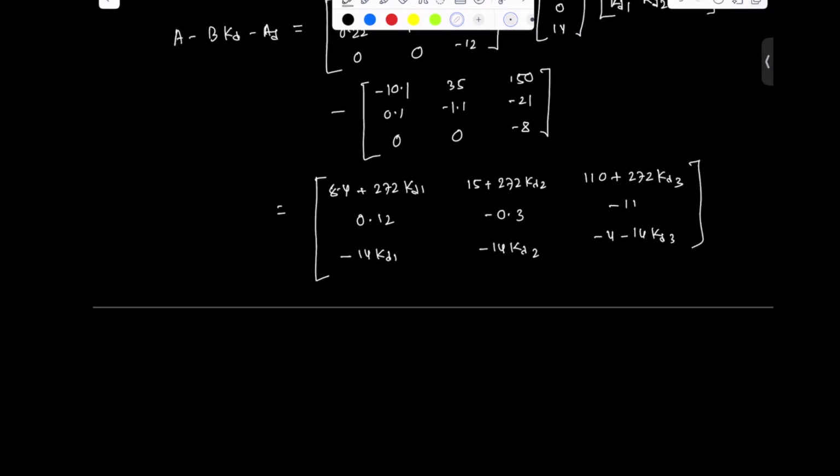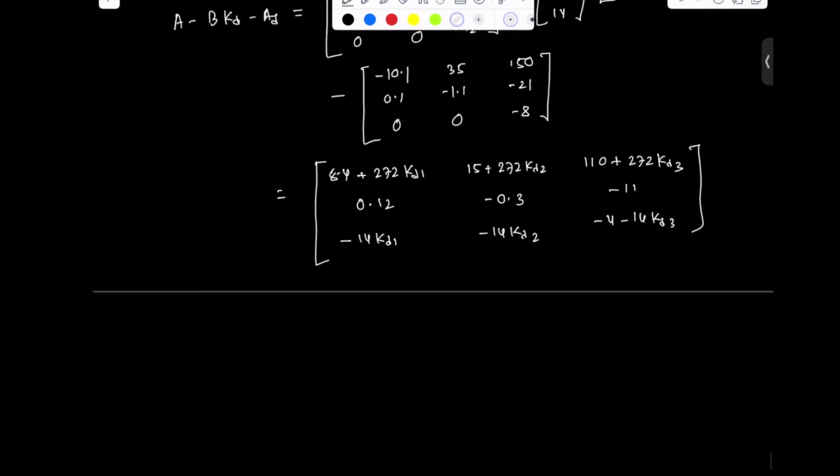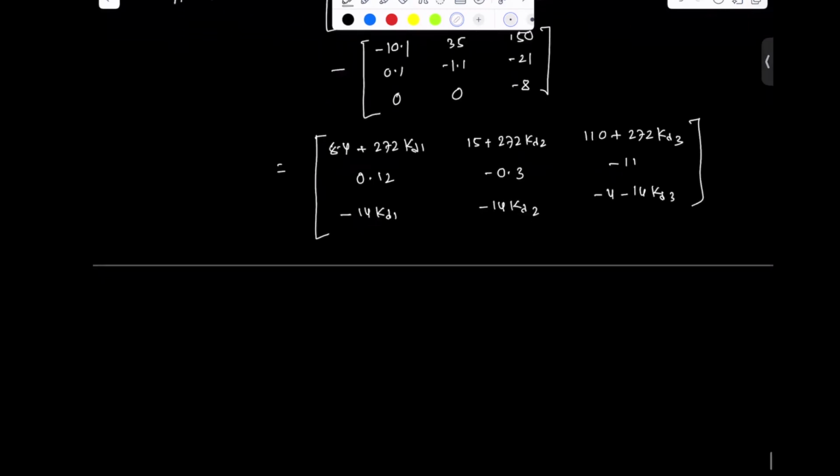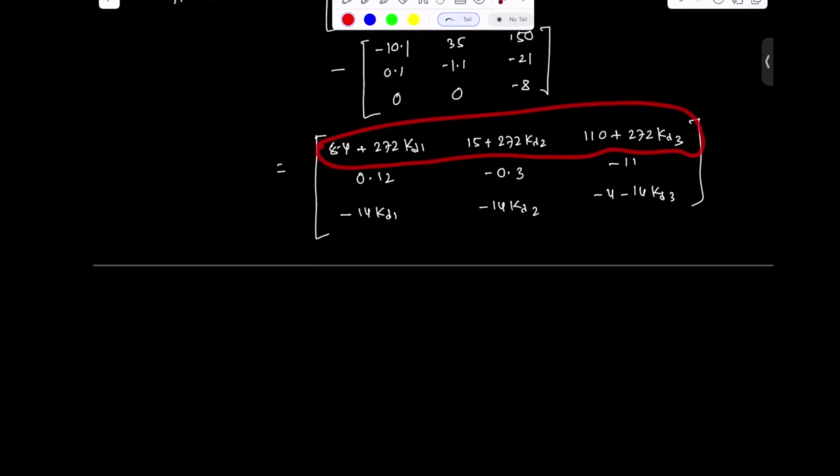Okay. So if you notice here, KD only affects the first and third rows in this matrix. Moreover, we can choose KD1, KD2, KD3 in such a way that the first row of this matrix is 0.